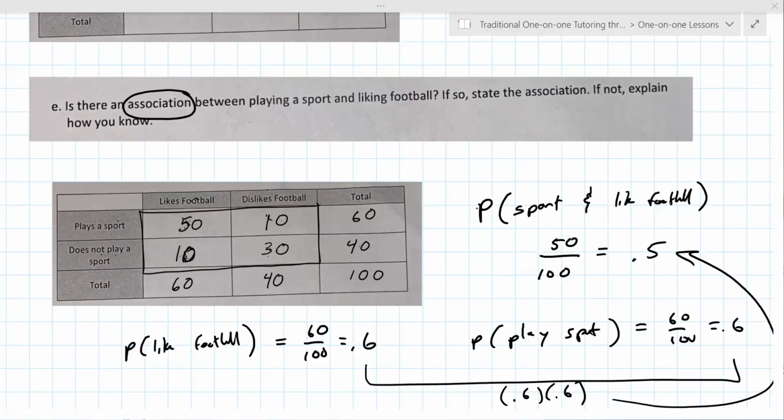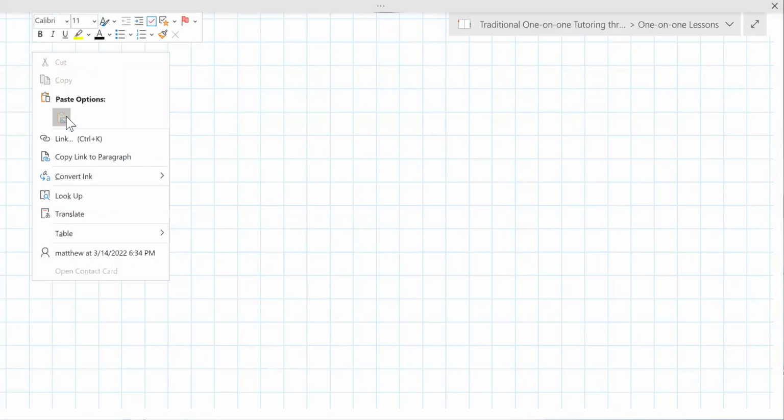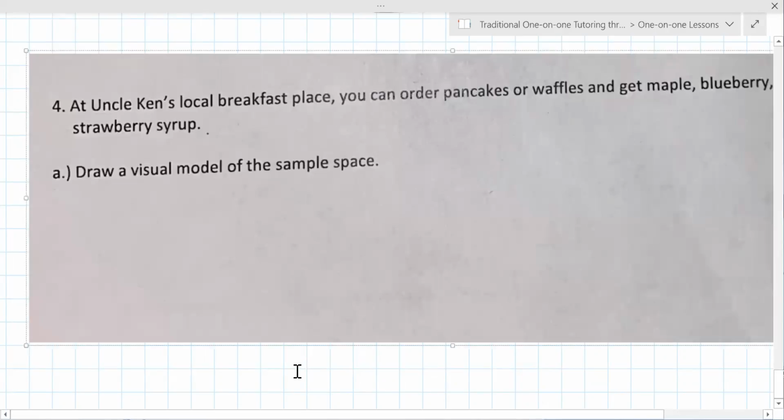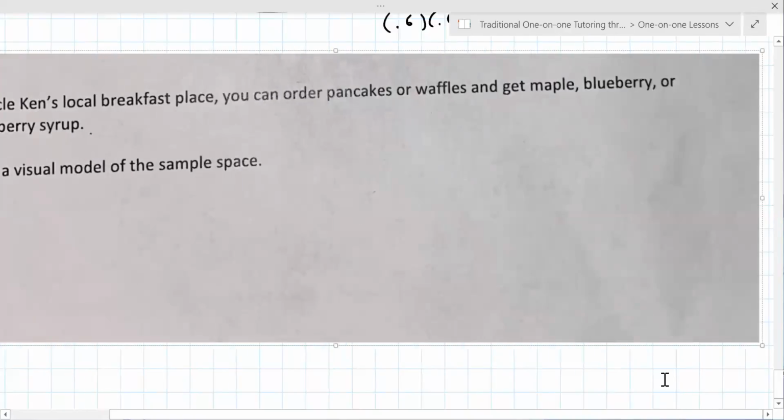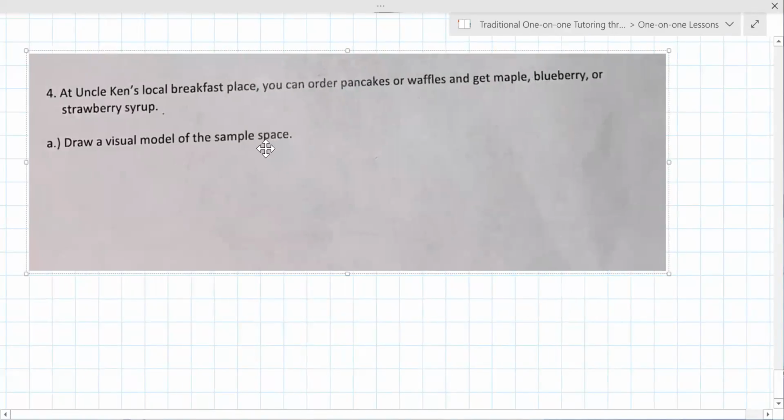All right, I'm ready to move on. Great. So question 4A says to draw, and really what they mean is they want you to write something down that explains the outcomes. They don't actually mean to draw a pancake, although that does sound pretty good at the moment.